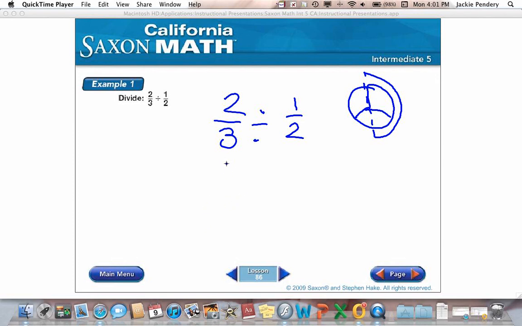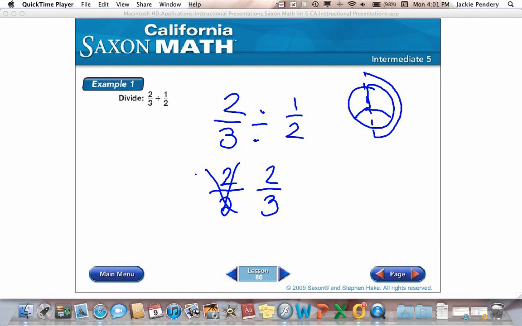Okay, so to do this, we actually need to use a reciprocal. So step 1 is to write your original problem like I did up here. Step 2 is to write the first fraction, 2/3. Oh, sorry. Let's just cross it out. 2/3, there we go.